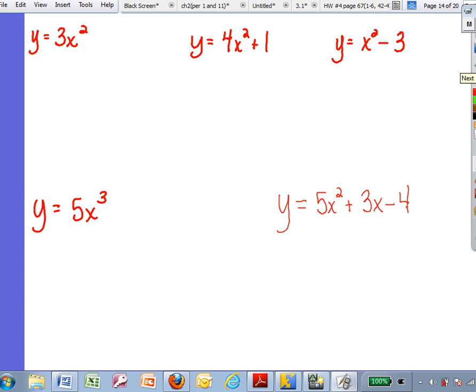Last thing that I'm going to ask you to do tonight for homework: I want you to take all 5 of these problems and find the derivative, like what we did yesterday. Then tomorrow you need to come to class with a rule to make this easier for us.